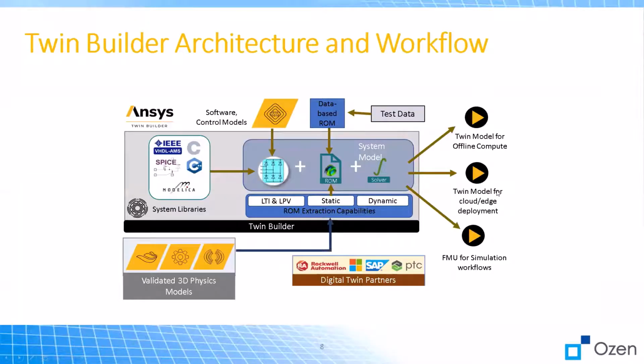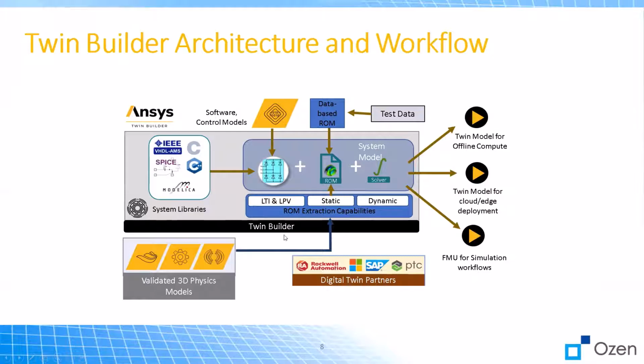So, Twin Builder architecture and workflow. The typical workflow of Twin Builder is as follows. We create the simulation using one of the ANSYS products, and then we validate the physics to make sure that the physics is working fine. Then, using ANSYS Twin Builder, we will create the model, and then we create what's called a ROM, or reduced order model.